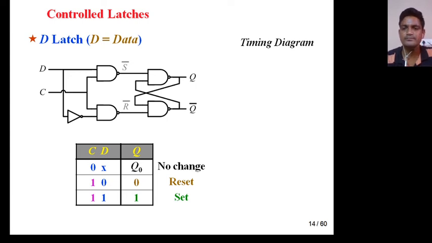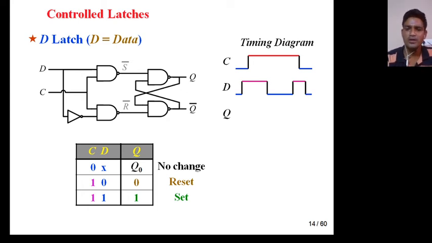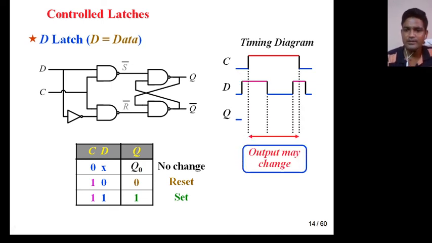Suppose this is your clock pulse and this is your data input. Now suppose I am using level triggering, using positive level.